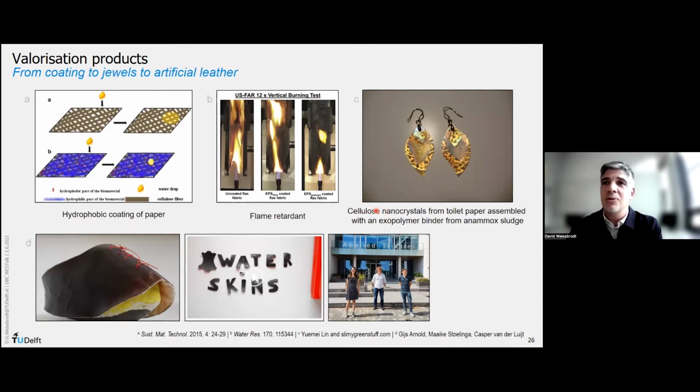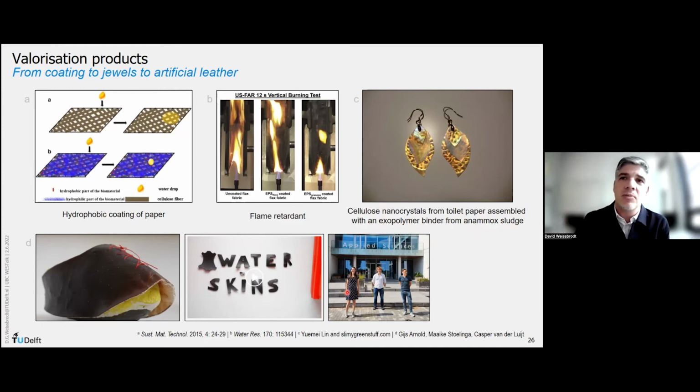You may also make some nice jewels based on cellulose recovered from toilet paper and an exopolymer recovered from sludge that treats nitrogen, so anammox sludge. This exopolymer can be used as a binder to bind cellulose nanocrystals. This is a very nice highlight to show what you can do with these polymers recovered from wastewater.